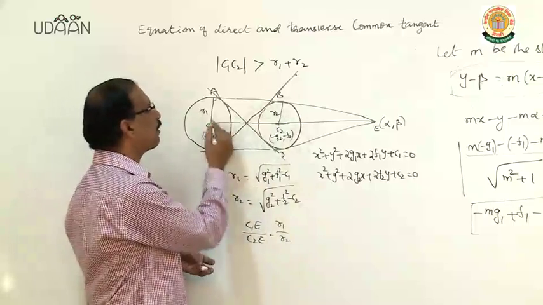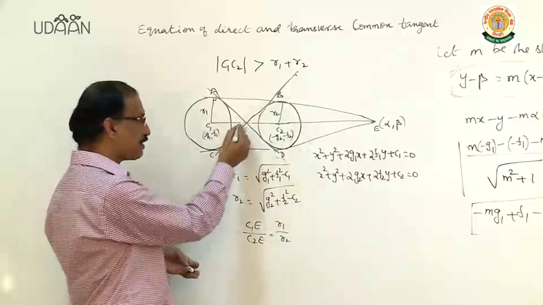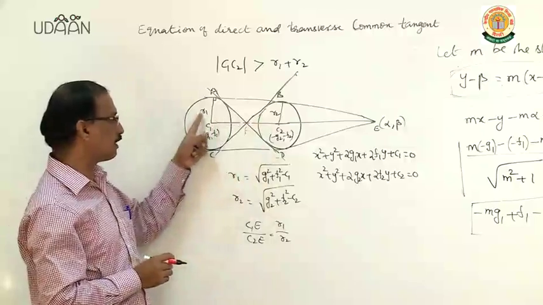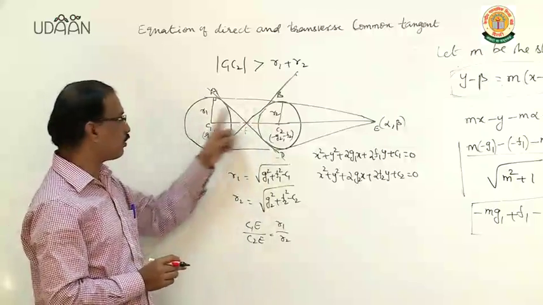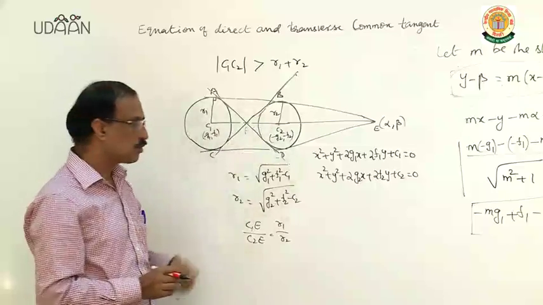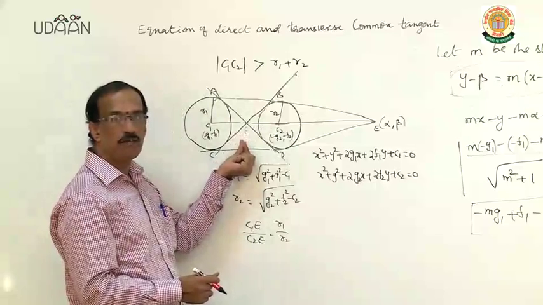In this common tangent, suppose this is F, this F is dividing this line segment C1, C2 in the ratio of radius, that means you get r1 by r2. So, from there we can get the coordinate of F.